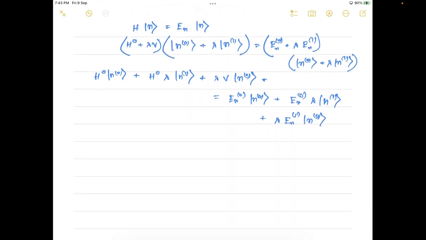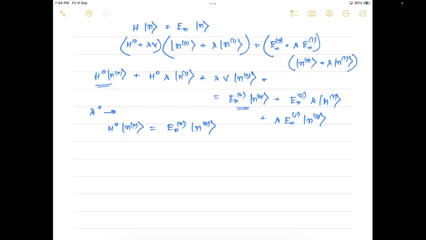Now let's compare the different orders of lambda. This is the term of lambda power 0, meaning there is no lambda here. So the lambda power 0 term is H0|n0> equal to En0|n0>, right?